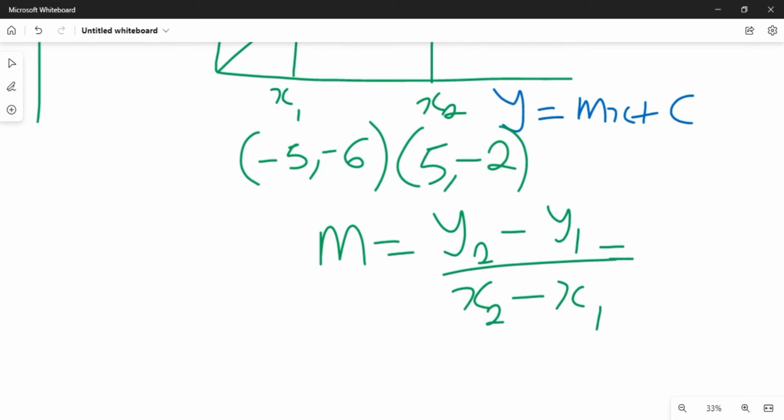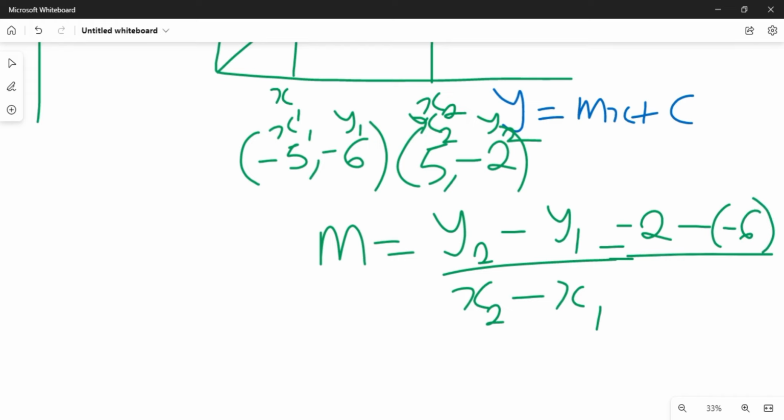So this is x1, this is y1, this is x2, and this is y2. So we'll have y2 equal to 2 minus y1, which is -6, and that will be all over x2, which is 5, minus bracket x1, which is minus 5.